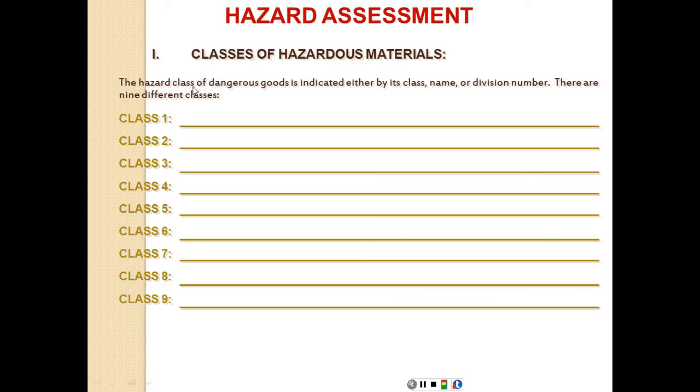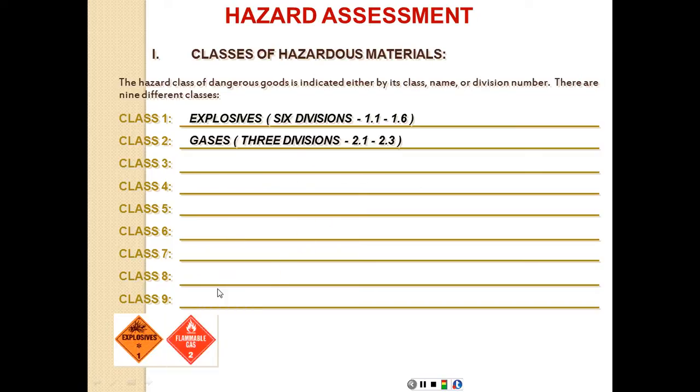So the hazard class of dangerous goods is indicated either by its class, name, or division number. There are 9 different classes. So the first one is explosives. You're going to find that sign on the truck showing that it's explosive, and it's 6 divisions, 1.1 to 1.6.